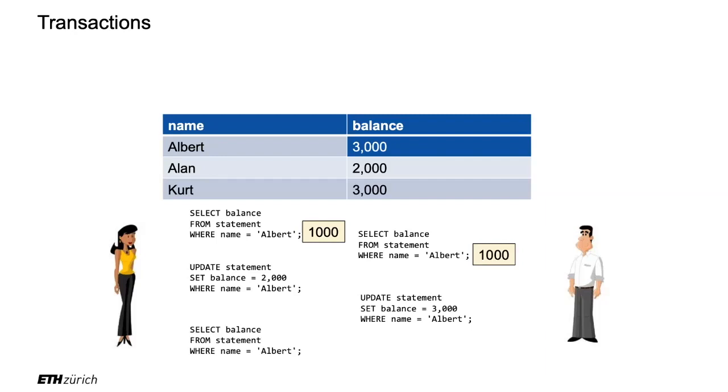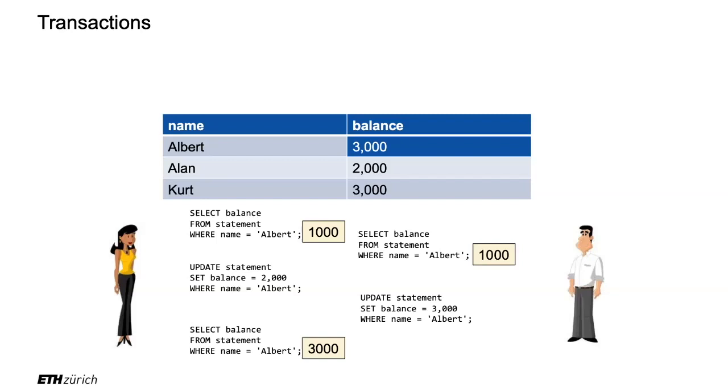Now, this is Alice executing this query. She doesn't know about Bob. That's another user. My question is, what does Alice expect to see? 2,000, right? She expects to see 2,000 because that was her update.